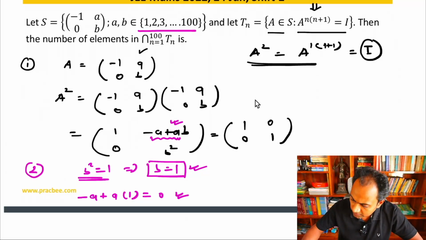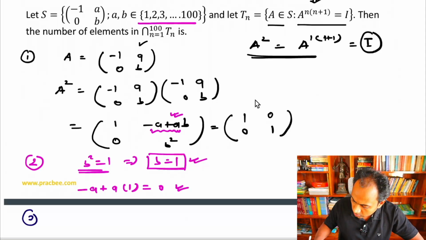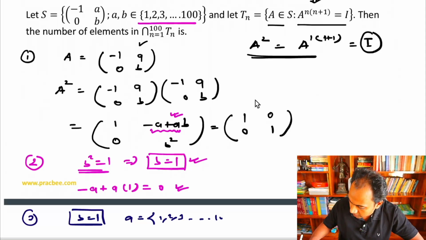So in the third part, what they are asking is how many such elements are possible. You can see that A can now take any value. So B is always equal to 1, wherein A could take any value. A can be 1, 2, 3, irrespective, till 100.